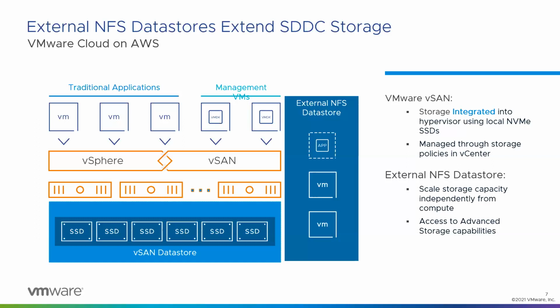But now the question is, what are my options if I'm looking, for example, to virtualize or to run in the cloud a large SQL Server or a large Oracle database? What is the difference between an external NFS datastore, a vSAN datastore, or, for example, in-guest FSx options, right?